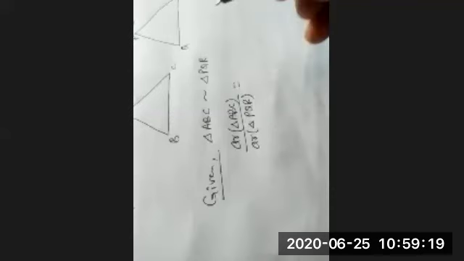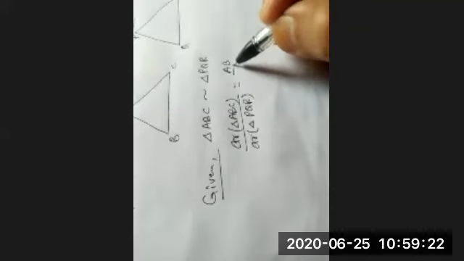Means AB by PQ whole square will be equal to BC by QR whole square and also equal to AC by PR whole square.